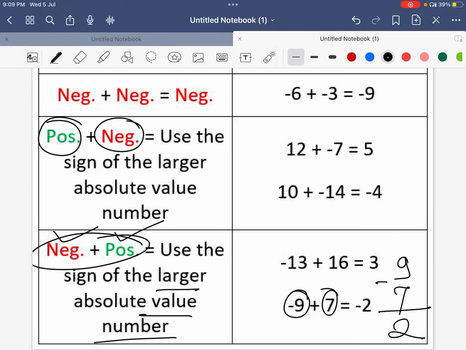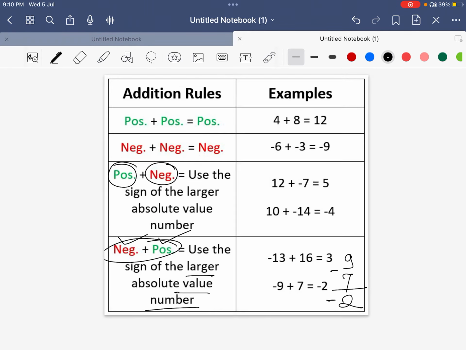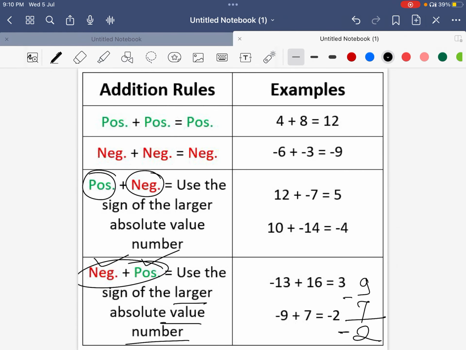Now look at which number is the bigger one. 9 is a bigger term as compared to 7, so use the sign of 9. Write down your answer: minus 2. Likewise, we have to follow this table to solve the examples. Clear? Let's move to the next page.